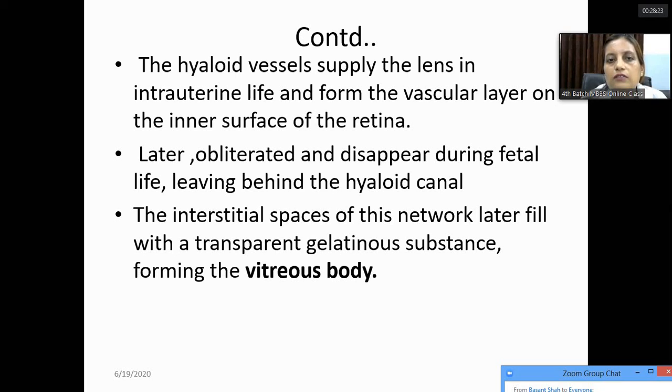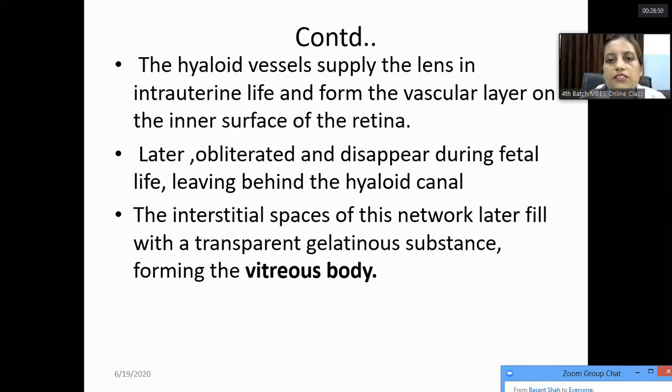So this is important clinically because sometimes a remnant of this hyaloid vasculature is present in the adult lens also as a persistent membrane. Later it obliterates and disappears during fetal life, leaving behind the hyaloid canal. And the interstitial space of this network later fills with a transparent gelatinous substance forming the vitreous body.